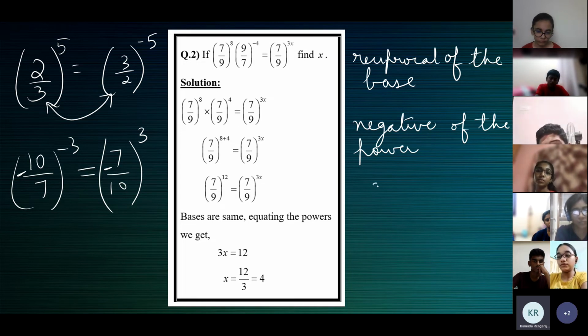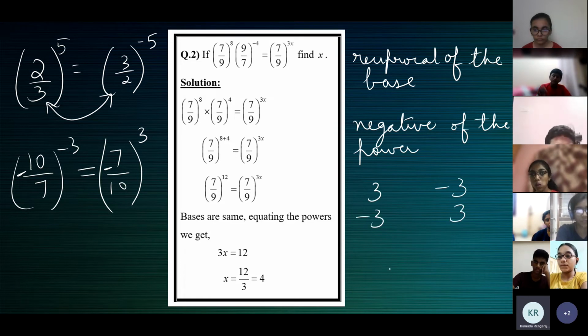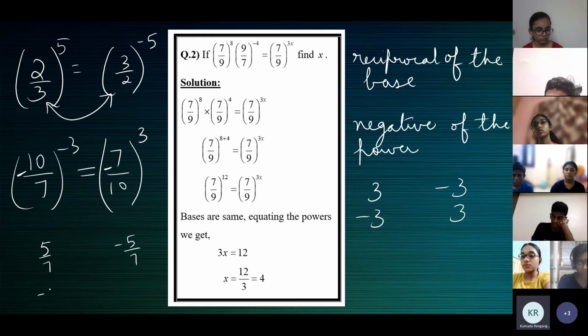The negative of 3 is minus 3. The negative of minus 3 is plus 3. The negative of 5 by 7 is minus 5 by 7. The negative of minus 5 by 7 is 5 by 7. Just write the opposite sign.